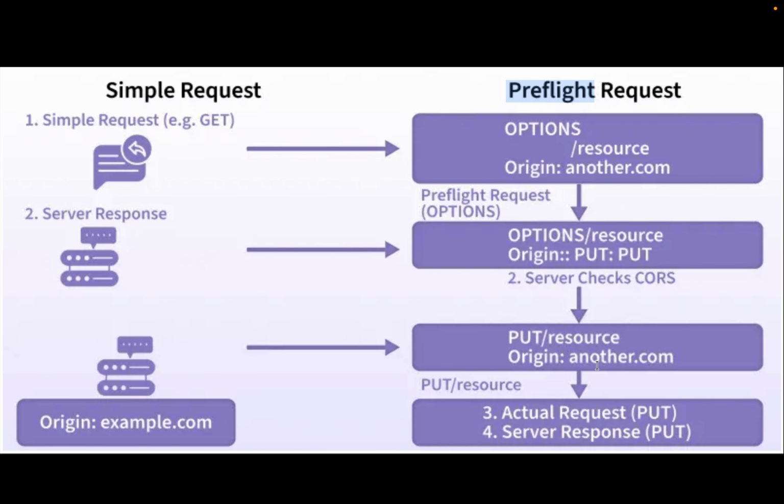If allowed, then it will respond with Access-Control-Allow-Origin another.com, the PUT method, and the authorization header. If the actual request is PUT, now the browser sends the request in real time.